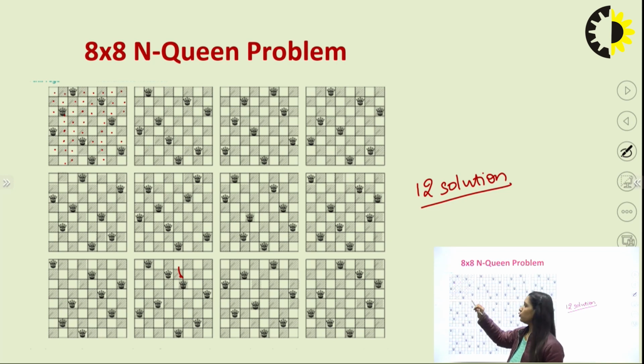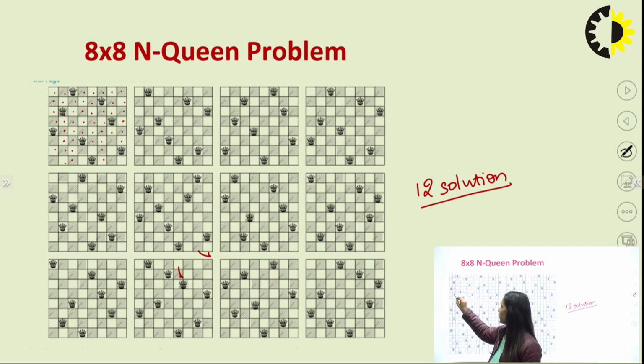Next for Q4, if this is the empty place for this queen and I place it over here, then I cannot put queen 5 on its diagonal, or in the same row or column. So easily I can put queen 5 here.